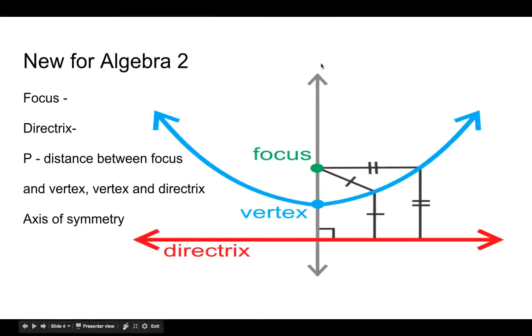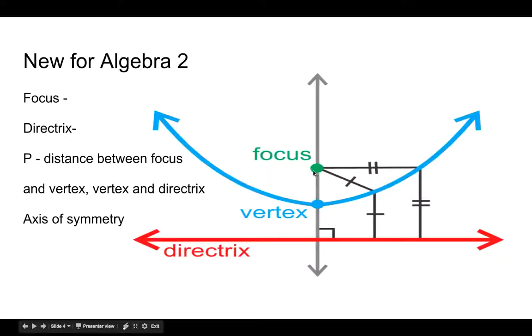Alright, so as we look here at the diagram, we see the parabola in the light blue, and here's the vertex, and what's new for algebra 2 would be the focus and directrix. The focus would be any point in front of the vertex within the parabola, in this straight line right here.